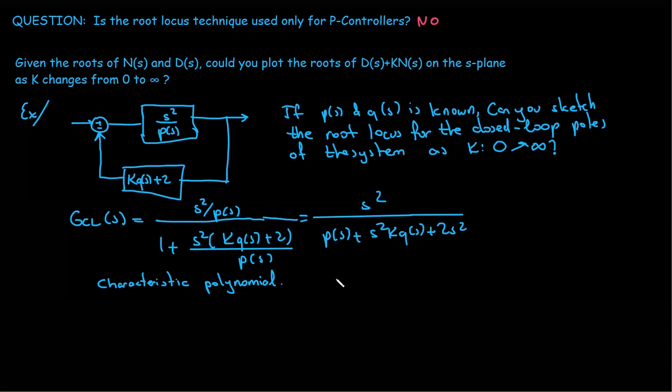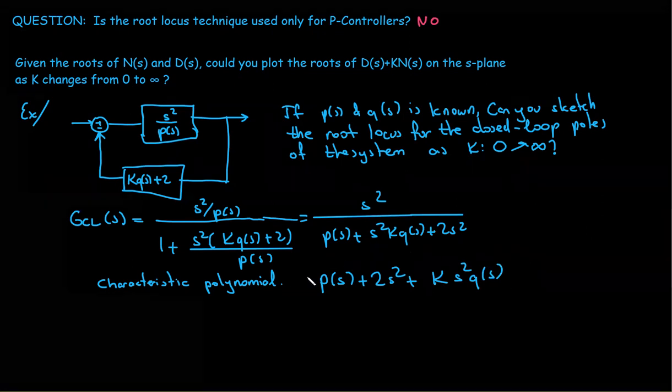So the characteristic polynomial is simply p of s plus 2 s squared plus k times s squared q of s. What I would like to do is plot the roots of this equation, which is equal to 0, as k changes from 0 to infinity.